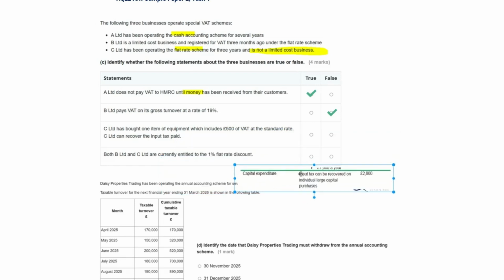And it says it can be recovered on individual large capital purchases. So we're told that the £500 is the VAT amount. So that would mean that the net amount is 2,500. So because it's over this £2,000, it means that they can recover the input tax.